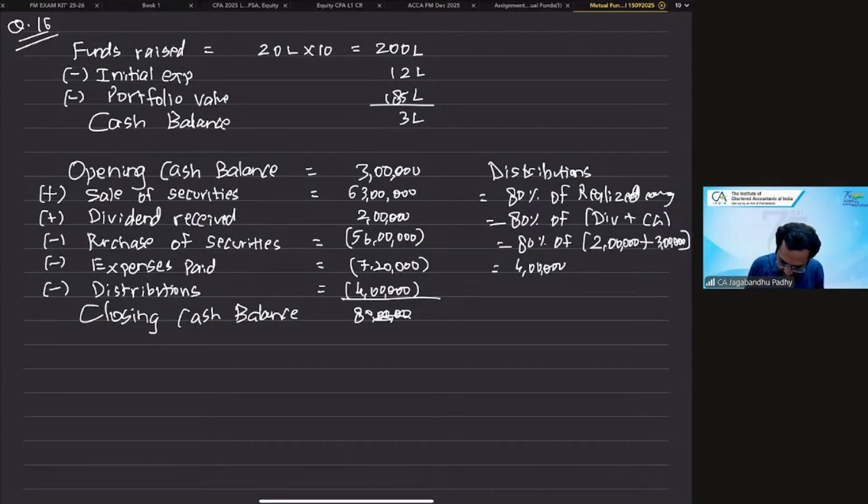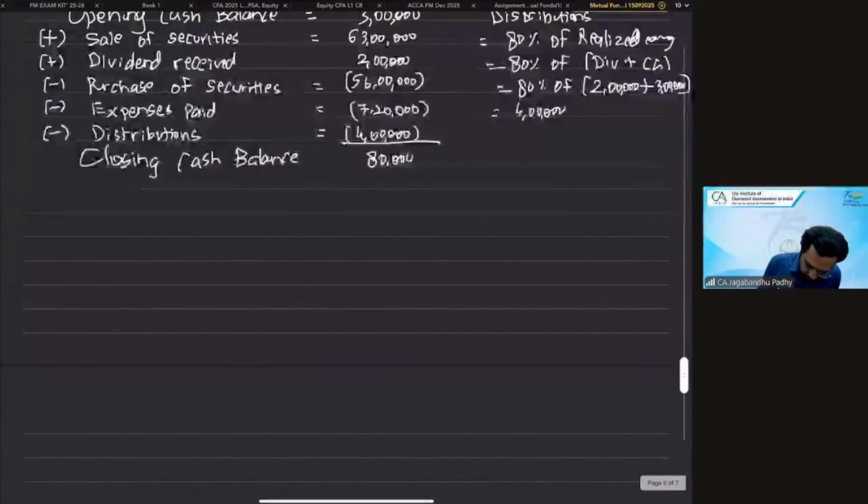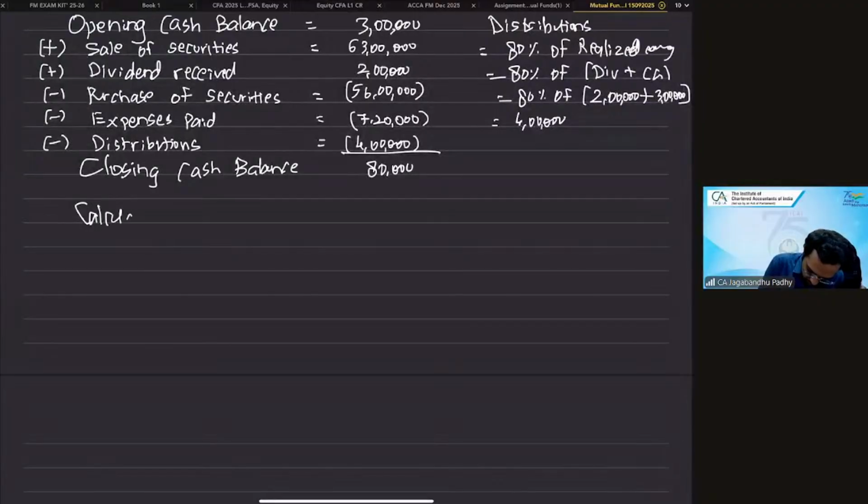Cash balance is 80,000 left out. Okay. Now, after that, we can go ahead with the calculation of NAV.